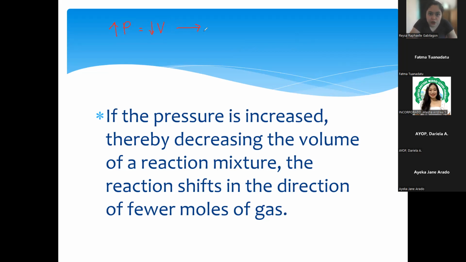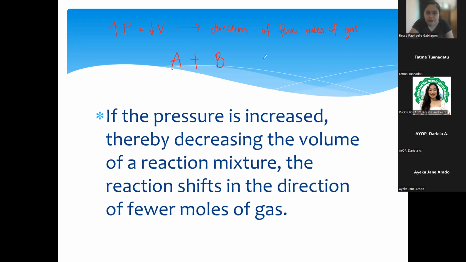The reaction will shift in the direction of fewer moles of gas. Meaning, bibilangin natin ngayon sa chemical reaction which side has fewer moles of gas. Kasi dyan pupunta yung direction of the chemical reaction.